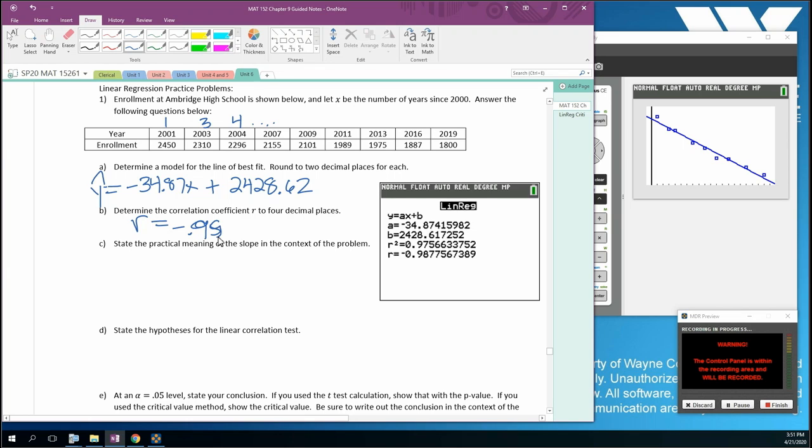So the practical meaning of the slope in the context of the problem, basically for each year that goes by, we expect to lose 34.87 students per year.